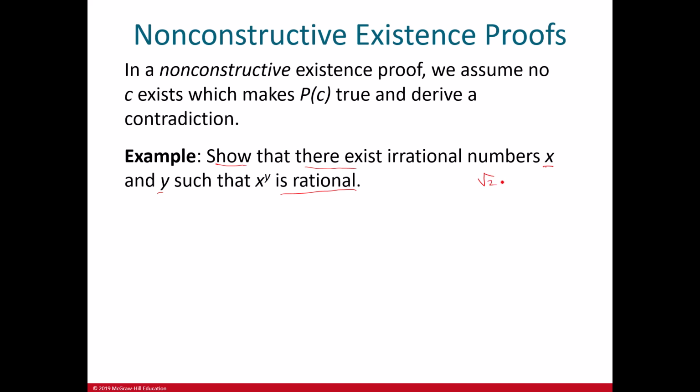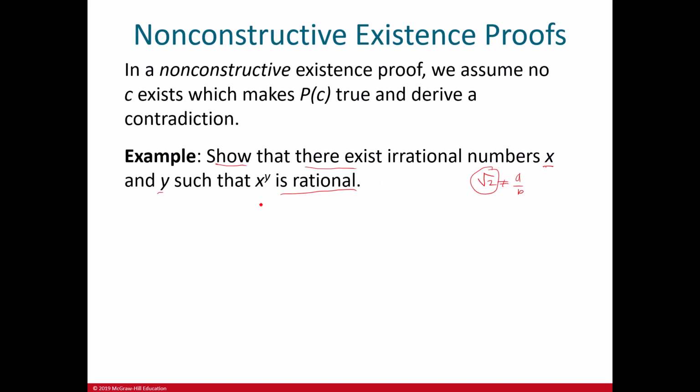Because we could not find a and b, where b is not equal to 0 and a and b are integers, such that we could write it as a ratio of two integers. So we know that the square root of 2 is irrational. We proved that.